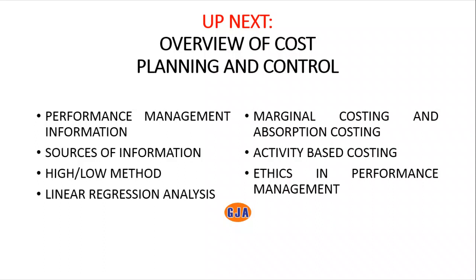After this topic, we'll be looking at the overview of cost planning and control, like the high and low method, the linear regression analysis, and the like. Those are the things that we'll be looking at after this video.